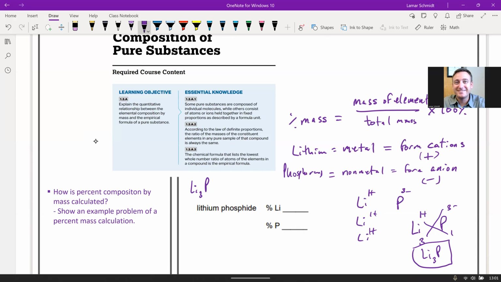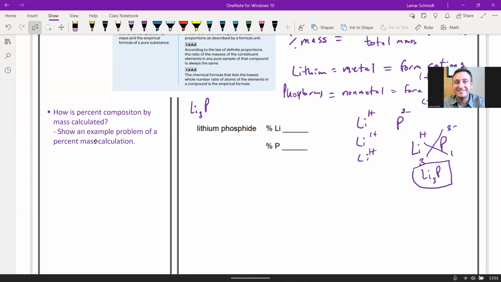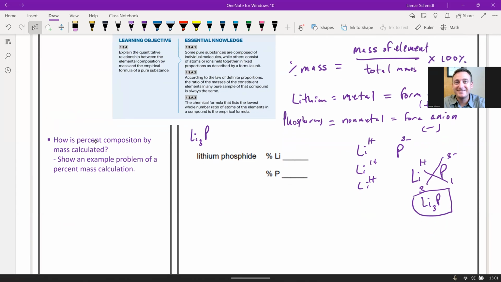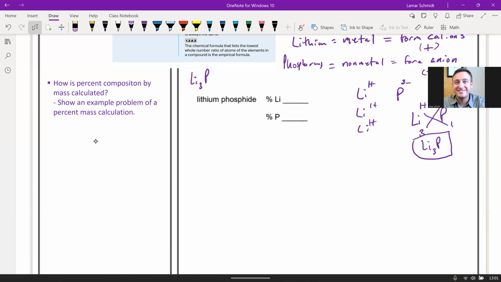Now it comes down to we know the formula unit of lithium phosphide. Now let's show the percent mass of lithium and the percent mass of phosphorus. Now we can do this by assuming any sample size.